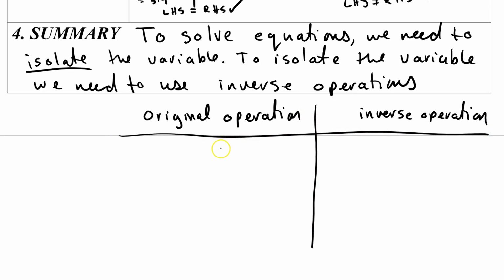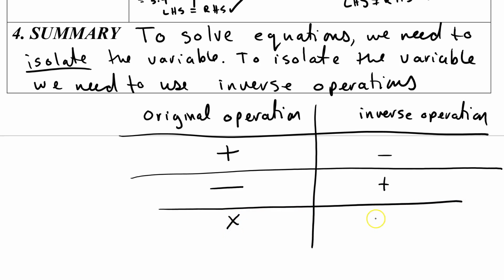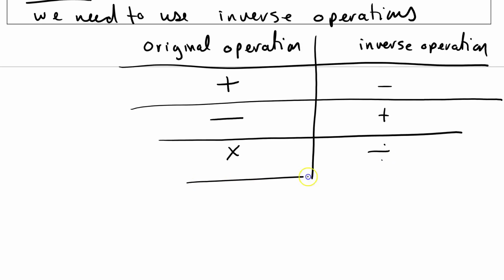So if we start out with addition, the inverse operation is subtraction. If we start out with subtraction, the inverse operation is addition. If we start out with multiplication, the inverse operation is division. And if we start out with division, our inverse operation is going to be multiplication.